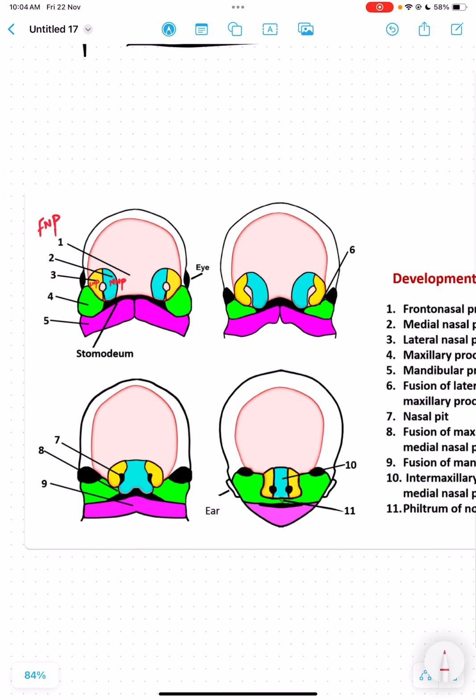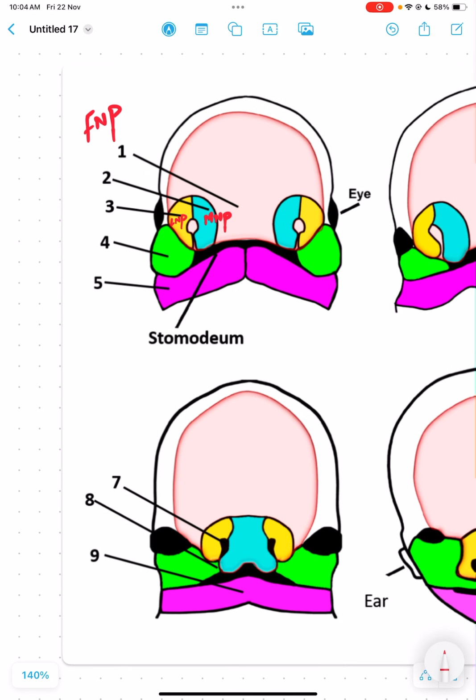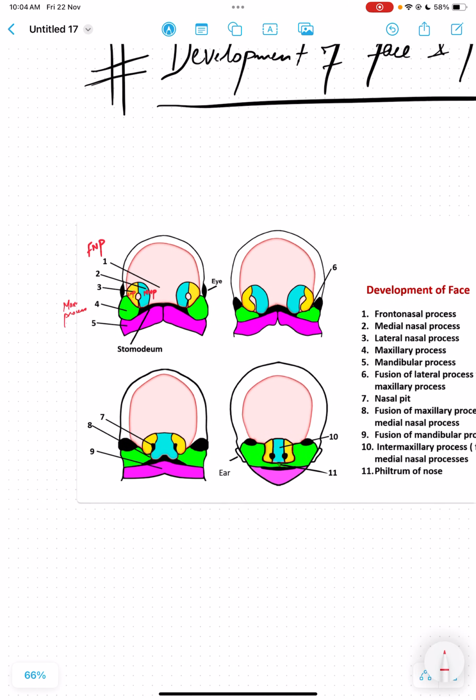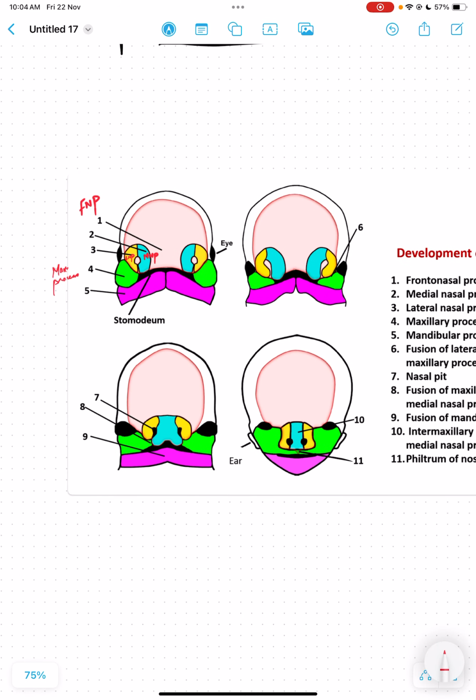The fourth, in green, is our maxillary process, and the fifth one is our mandibular process.